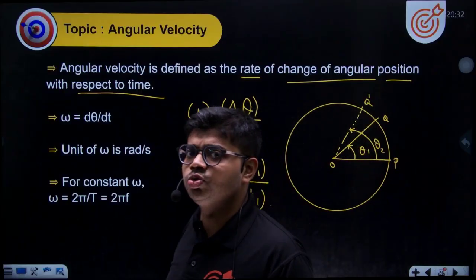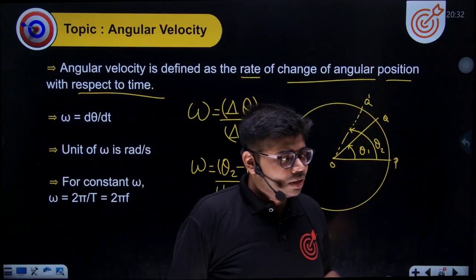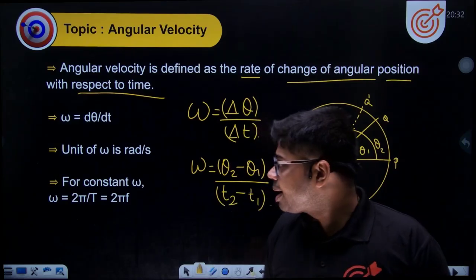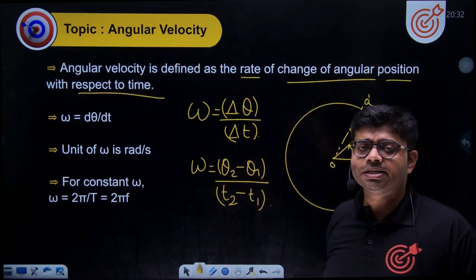We cannot say that 2 second tends to 0. Okay, so this is average I am talking about. Delta theta by delta t is nothing but average.